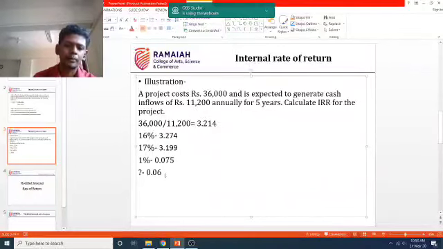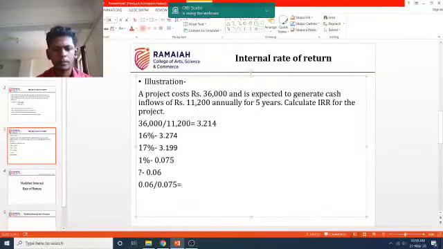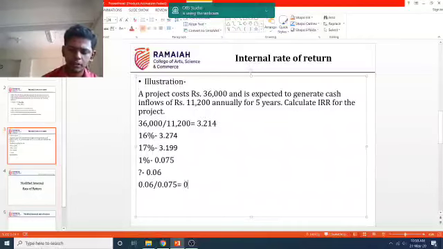So we just have to cross multiply: 0.06 divided by 0.075, which is equal to 0.8.